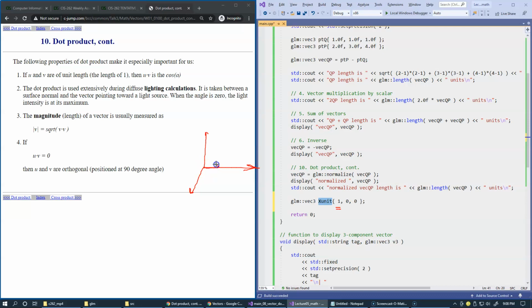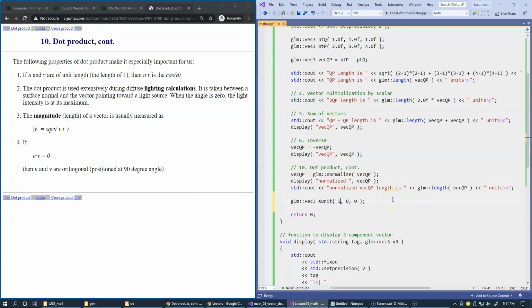So this unit vector is right here, and our vector QP is already normalized, unit length, and it's looking in some other direction. So let's compute the dot product, which will equal the cosine of the angle between these two vectors, x unit and vector QP.